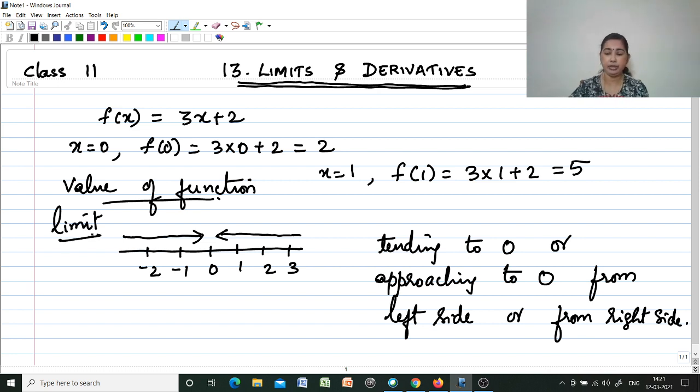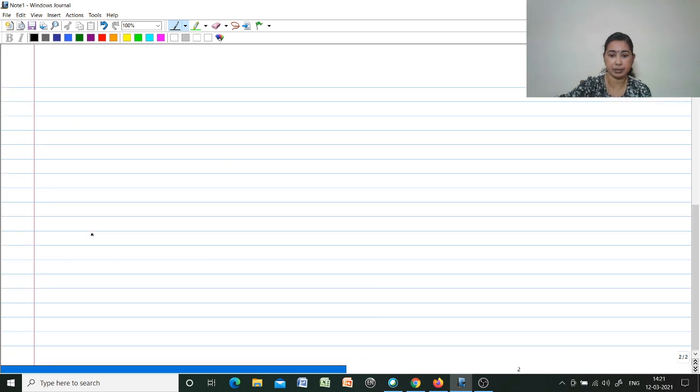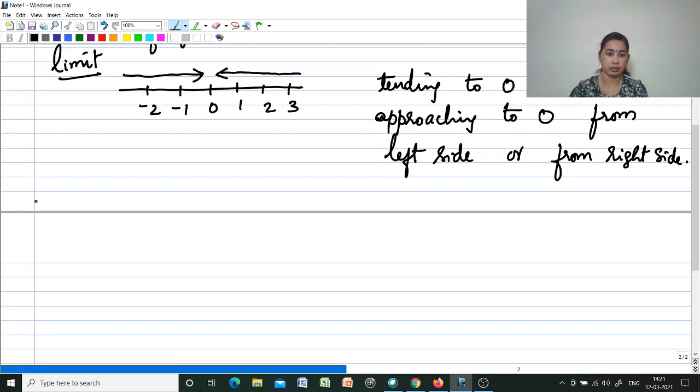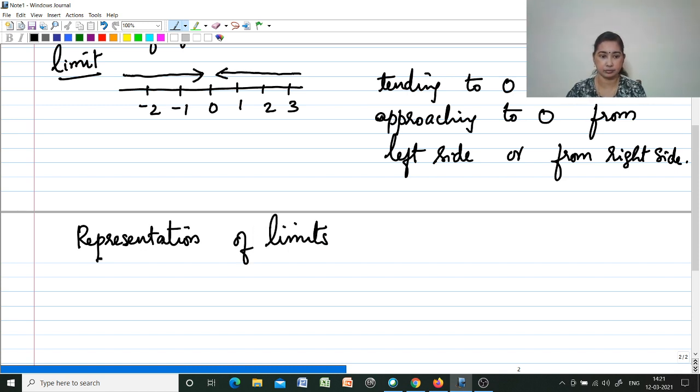And how do we represent a limit? Usually we write the limit of a function as LIM, limit x tends to 0 f of x.